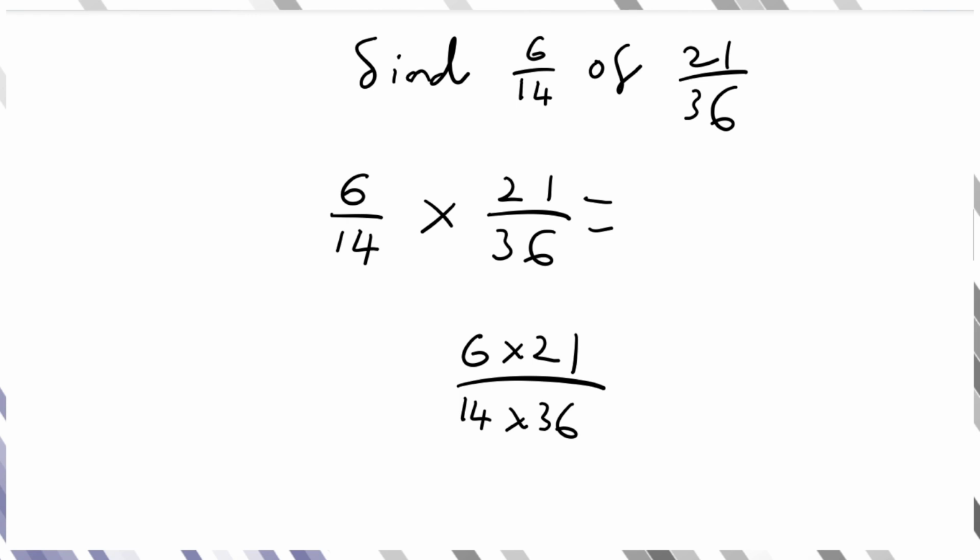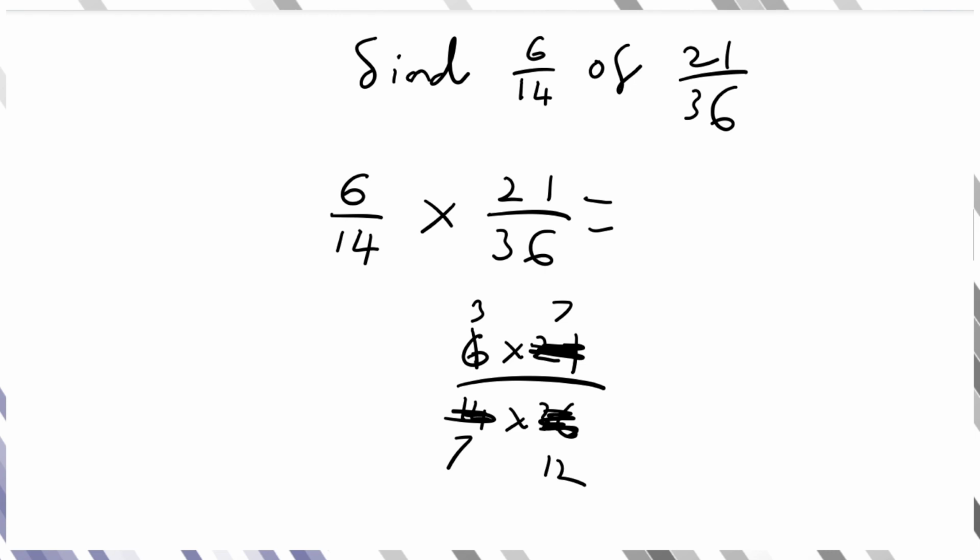We can simplify this by cancelling down one from the top and one from the bottom. So 6 and 14 are both even. We could halve them. We could put a 3 there and a 7 there. And then 21 and 36, they're both divisible by 3. So 21 divided by 3 is 7, 36 divided by 3 is 12. Now we've got 3 times 7 over 7 times 12. That's a bit easier to work out. They're all in the 12 times tables now.